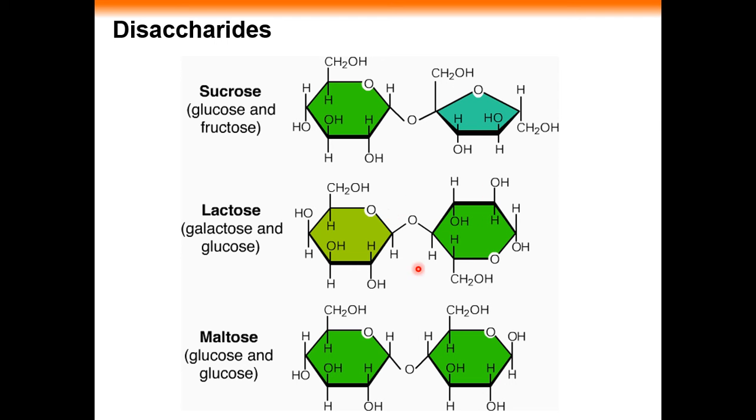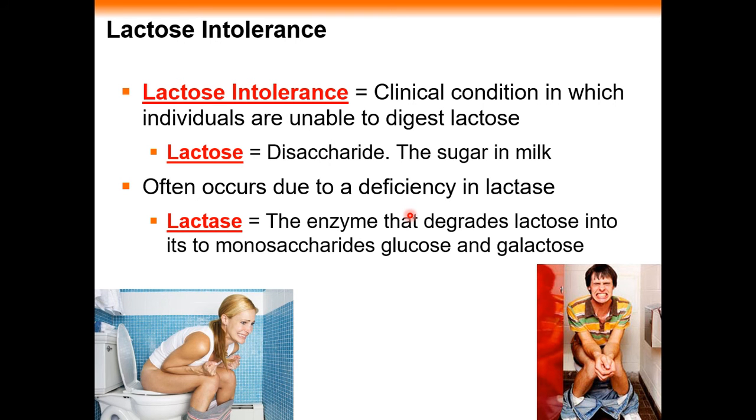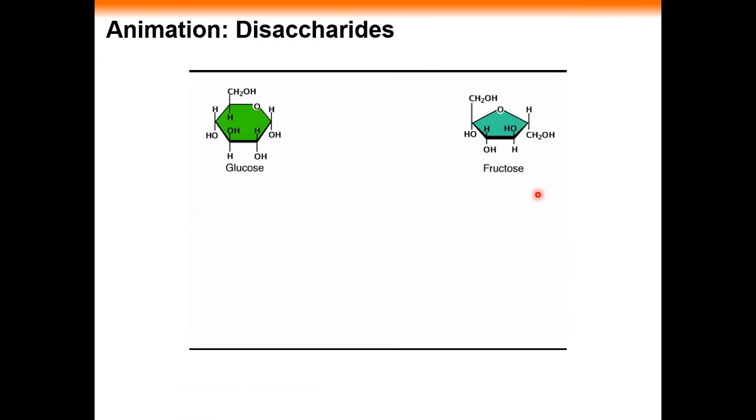They can't break it apart into individual units, the monosaccharides, because they lack something known as lactase. Lactase is an enzyme that breaks it down into those two individual units. They don't have enough of that, or they don't make any of it, so they can't break down milk. So they're not going to get the nutrients from milk, but what's the bad part, right?